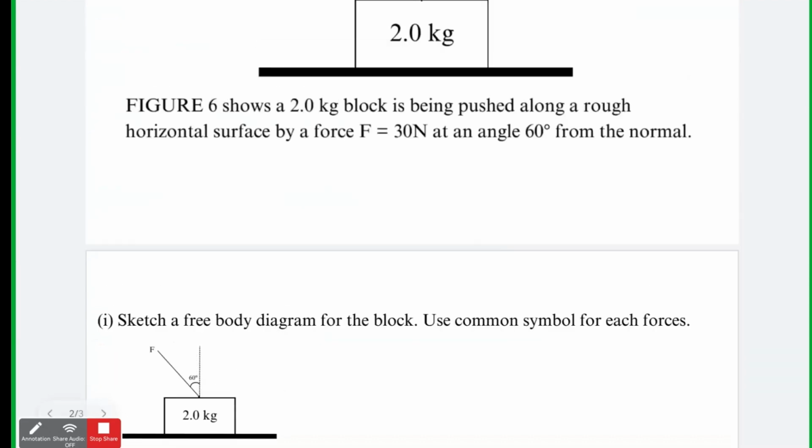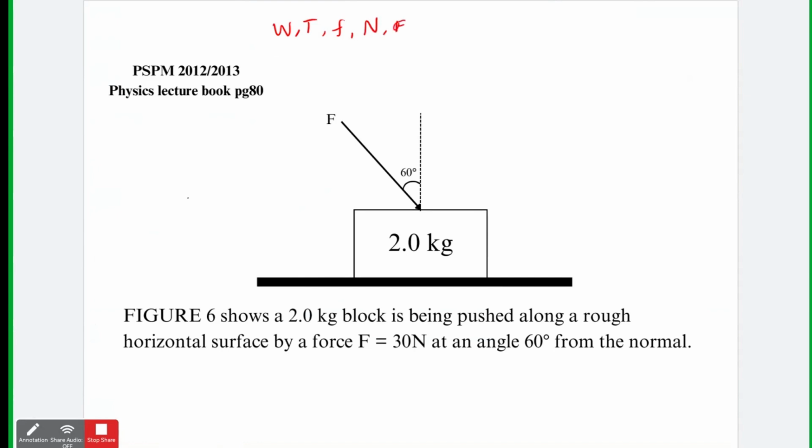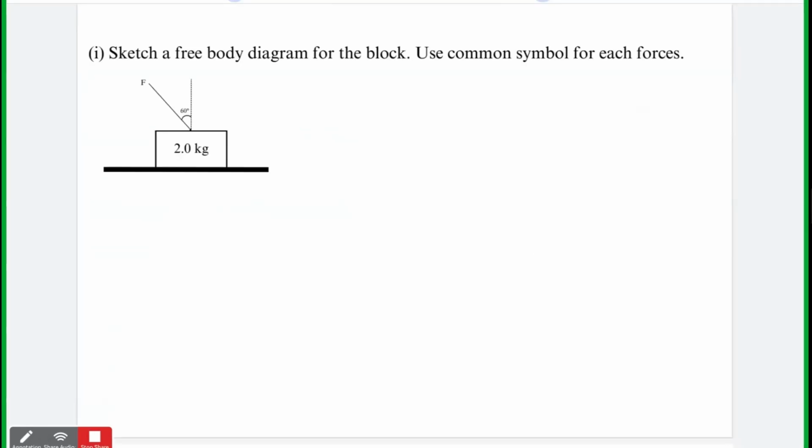First we need to know that forces can be classified into 5 types, which are weight, tension, friction, normal force, and external force. After that, we need to use X and Y axes. Then we draw a dot at the middle of the axes to represent the object.